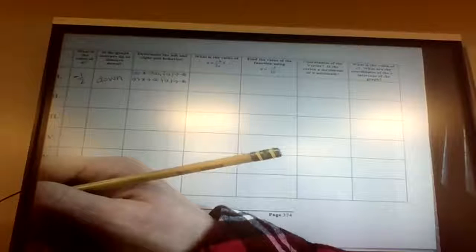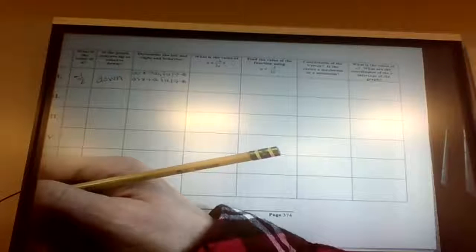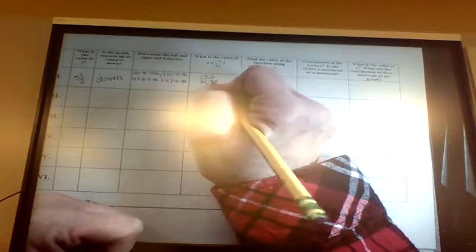What is the value of -b over 2a? All right, so -b, so that would be -1 over 2 times a, which is -1/2.